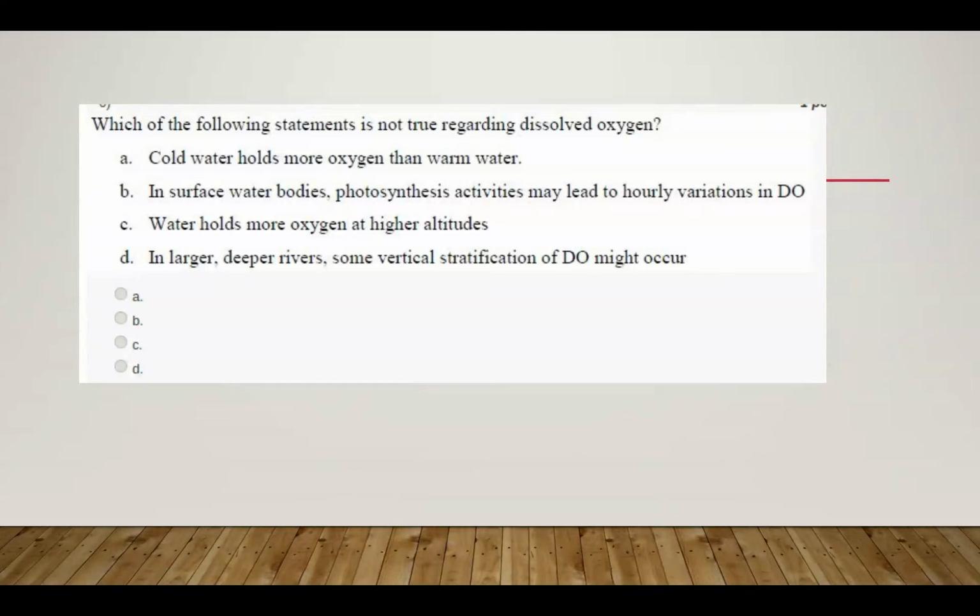Then the second: in surface water bodies, photosynthesis activity may lead to hourly variation in dissolved oxygen. That is true, because photosynthesis in water plants happens in the daytime, and it depends on solar radiation availability.